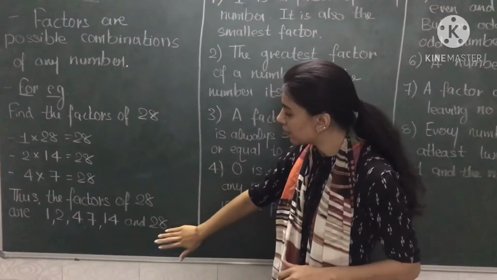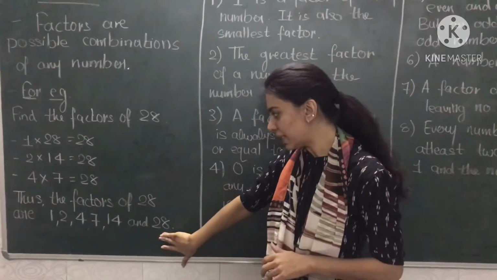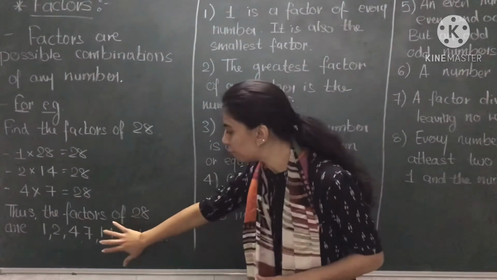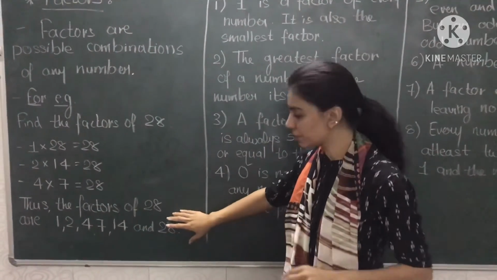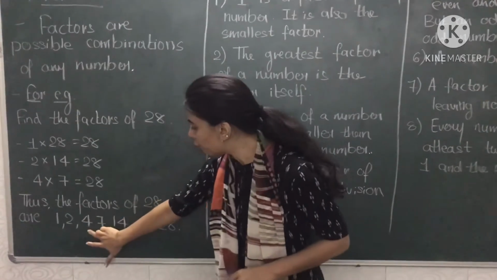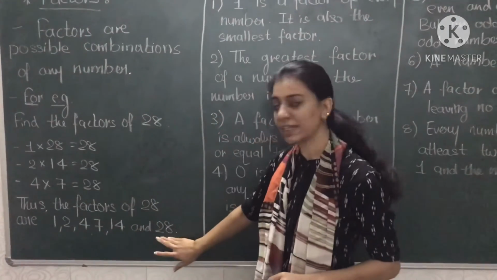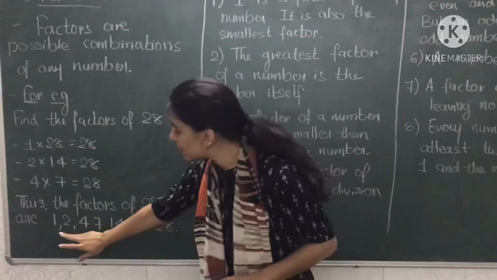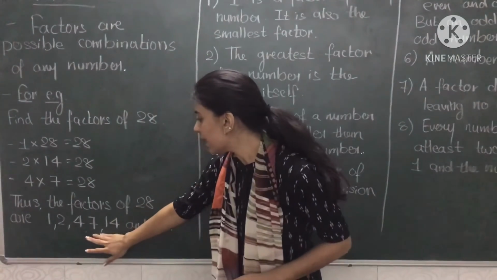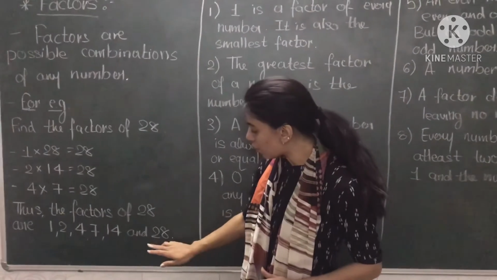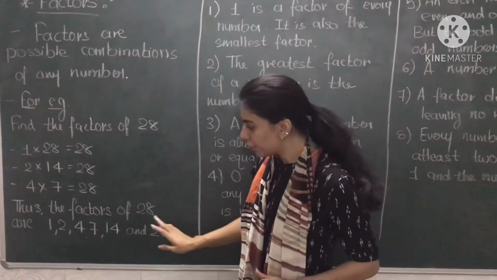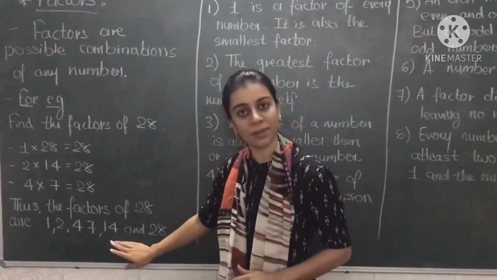Now just have a look at the factors of 28. In the factors of 28, you will find even numbers and odd numbers also. Here 2, 4, 14 and 28 are even numbers, whereas 1 and 7 are odd numbers. So in the factors of an even number, you will find even and odd numbers both.